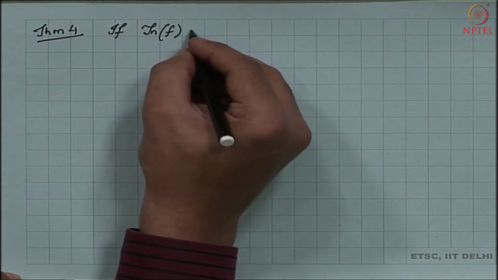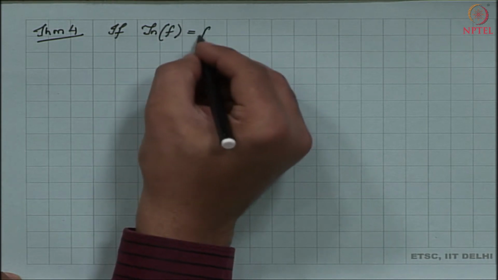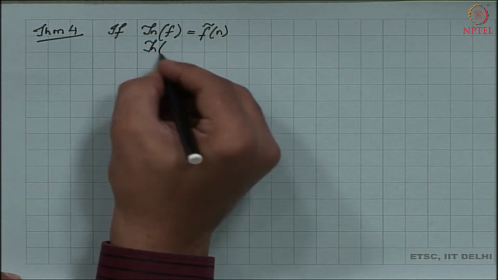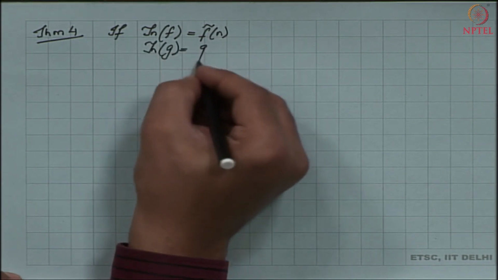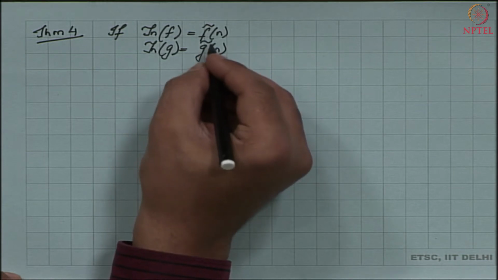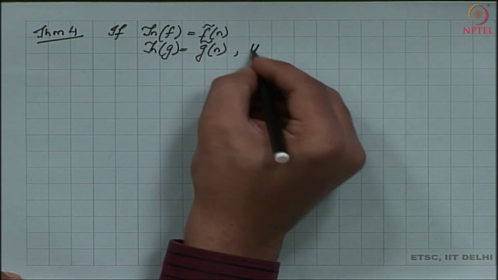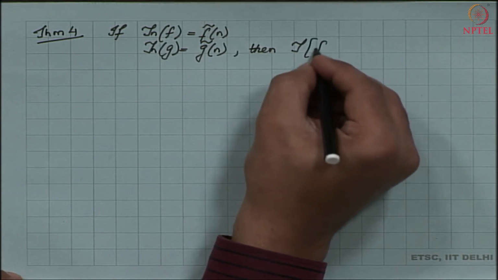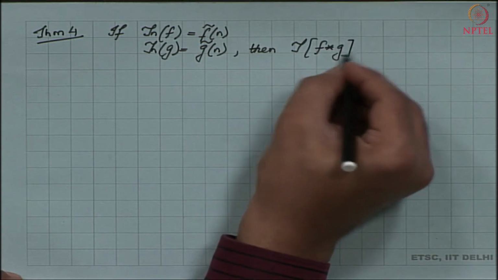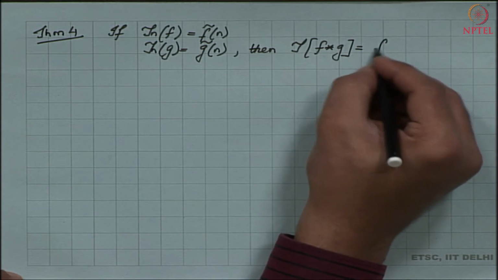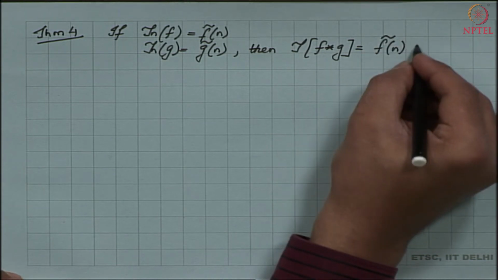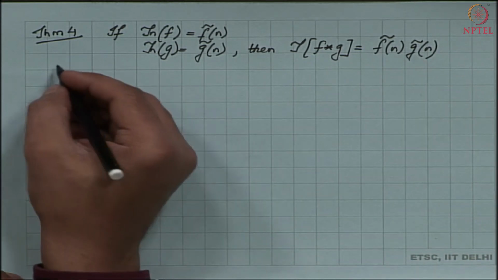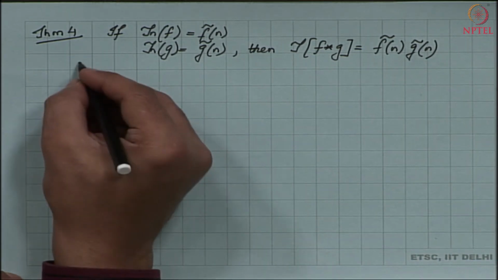If the transform of f is f tilde and the transform of g is g tilde, then the transform of f star g is the product of the two transforms, right.